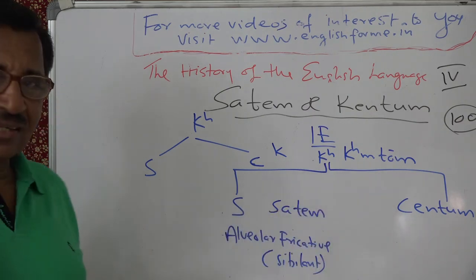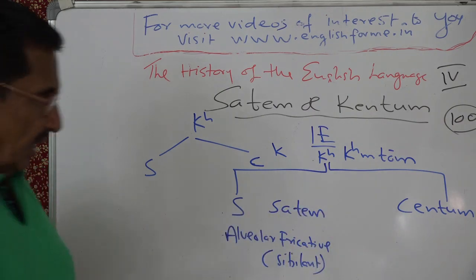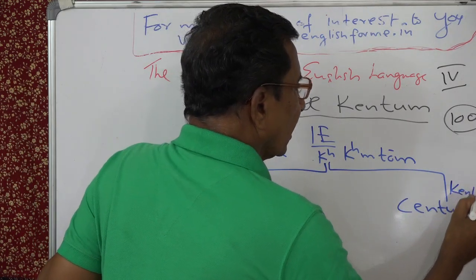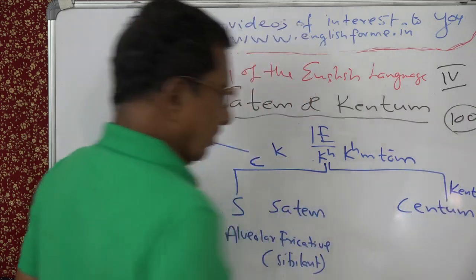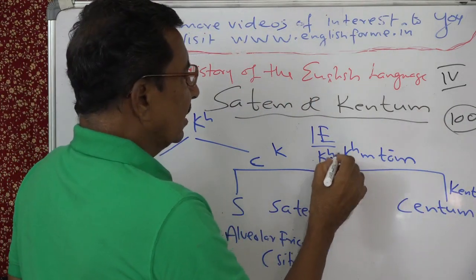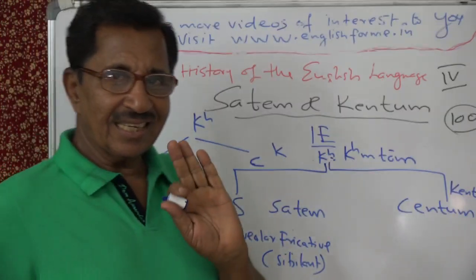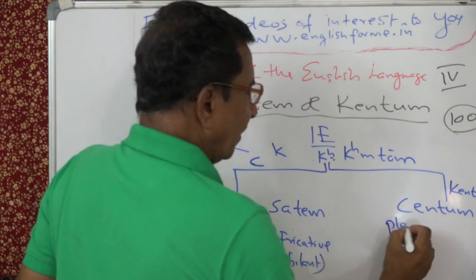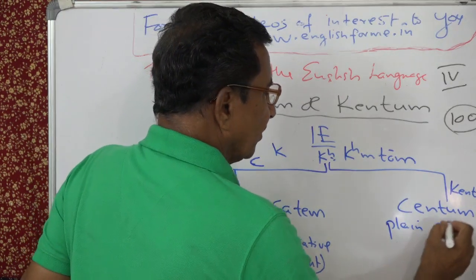And then here, Kentum. You can write it in this way also. Here for clear understanding, Kentum. Here what happened? It lost that color and became a plain plosive.